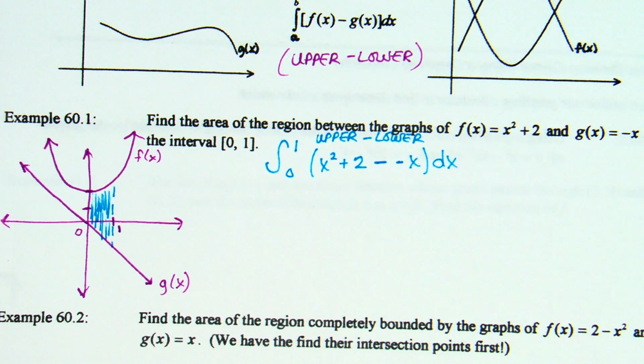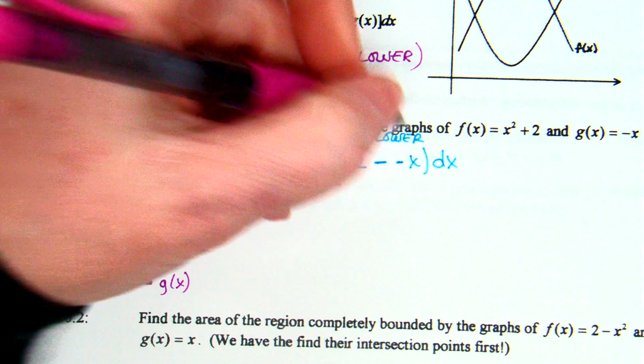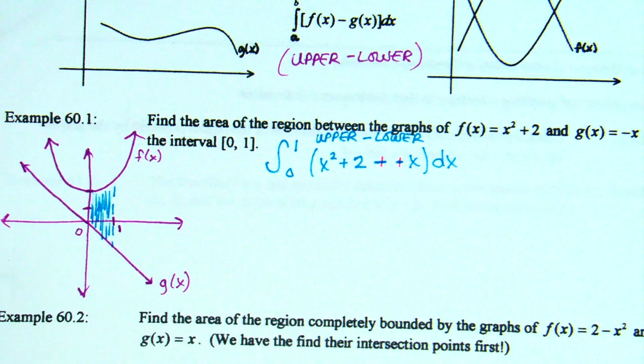Now, what do you guys know about that minus negative x? It's really going to be plus x, isn't it? You know what to do here? Are we plugging in the 1 and the 0? Not yet.